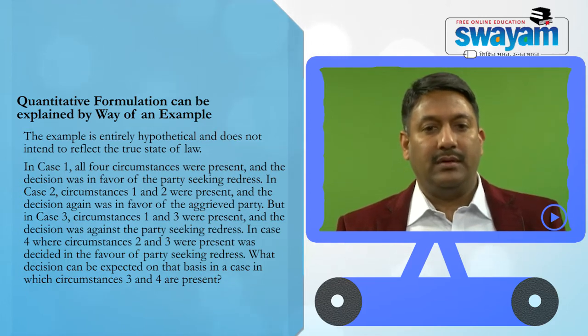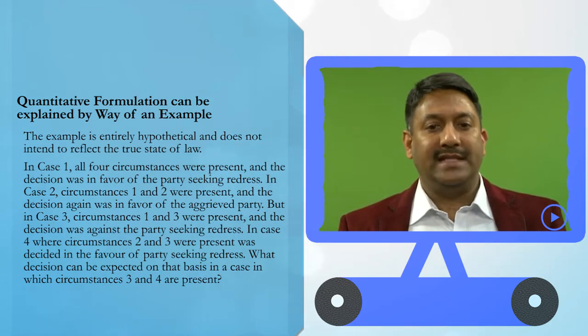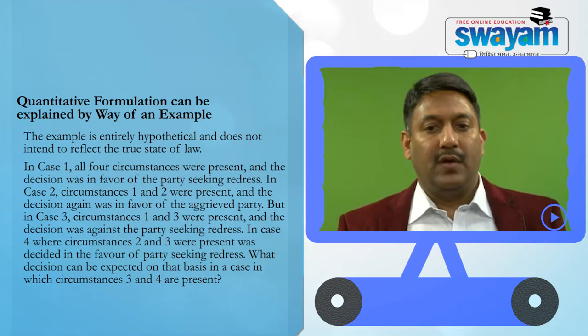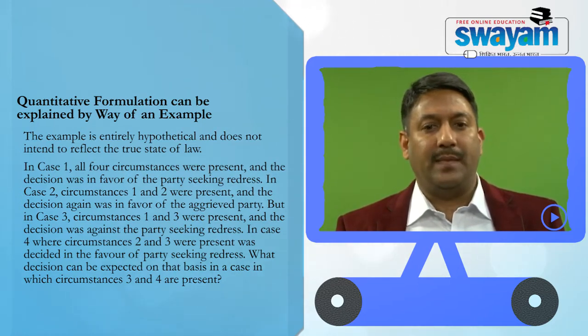In case 4, where circumstances 2 and 3 were present, was decided in the favor of party seeking redress. What decision can be expected on that basis in a case in which circumstances 3 and 4 are present?